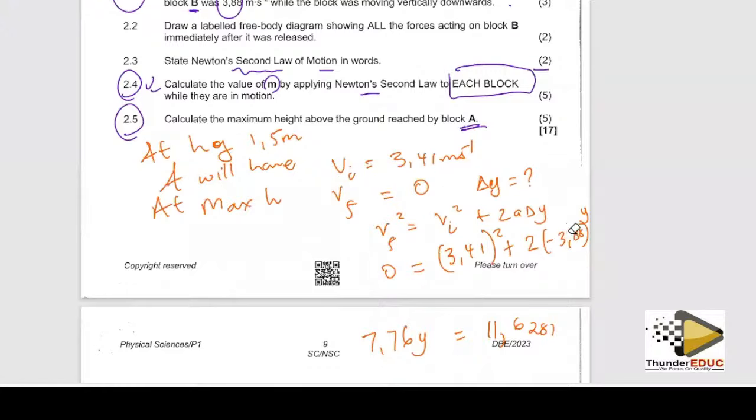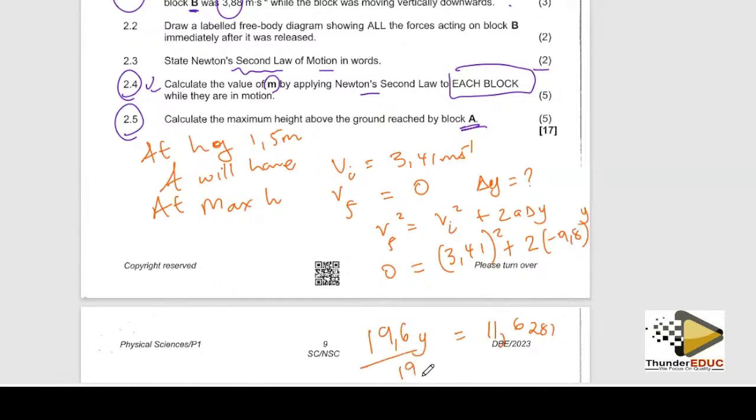Guys, I need to change this because remember, after the height of 1.5, this is going to behave as a projectile. So negative 9.8. It cannot be positive, the 3.8, because the system would have stopped moving because of the block B. Okay, so this must change to a 19.6, because 9.8 times 2, that's 19.6.